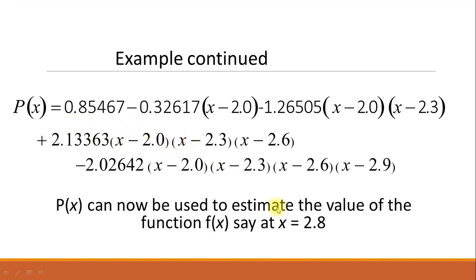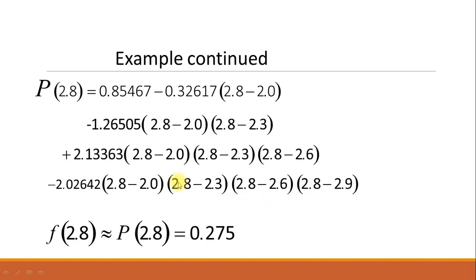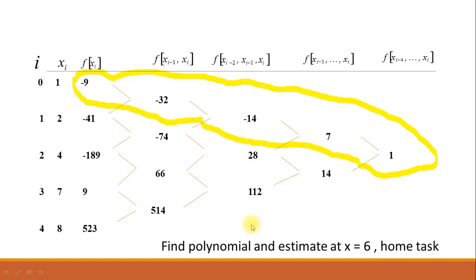Now putting the value of x as 2.8 in each term to estimate the function at this value, and after simplifications we get the value of the function at x is equal to 2.8 is equal to 0.275.